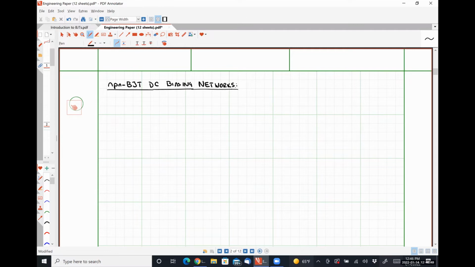So these are common ways that BJTs are used in analog circuitry to provide a stable operating point for an amplifier. Okay. So the first that we're going to look at, we did an example problem on it Monday, is what I'm going to call simple biasing.